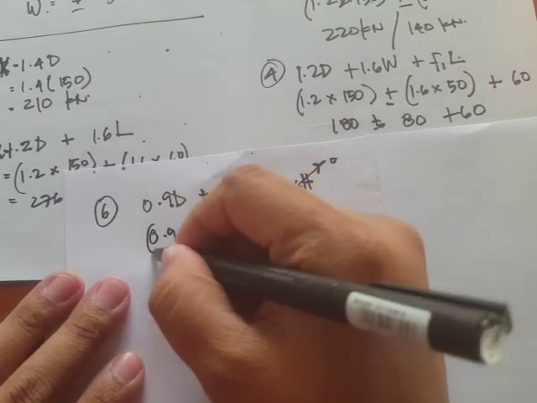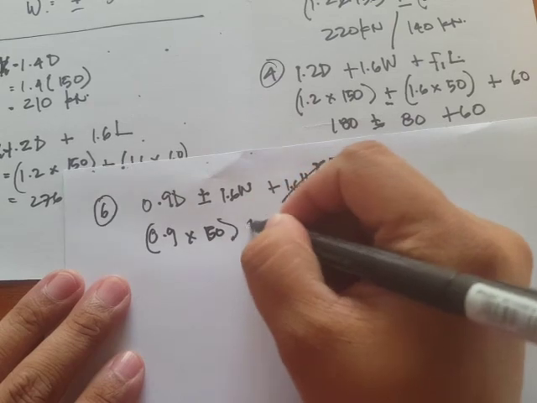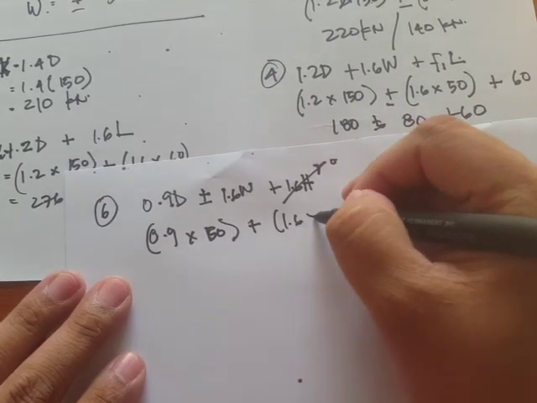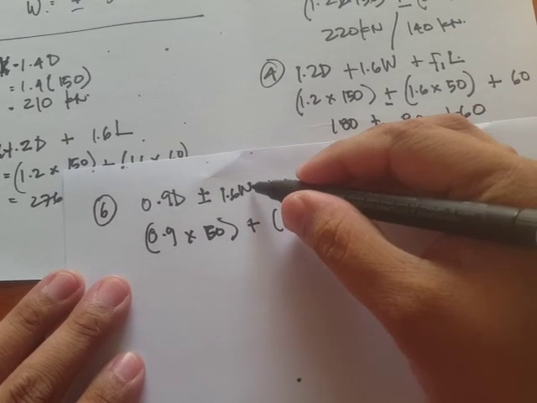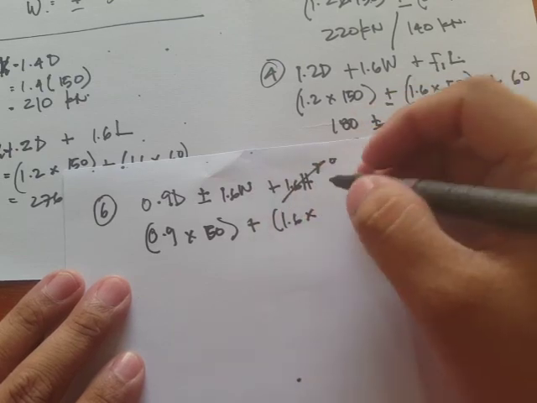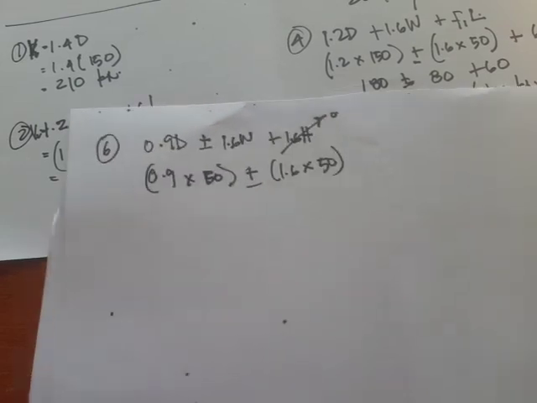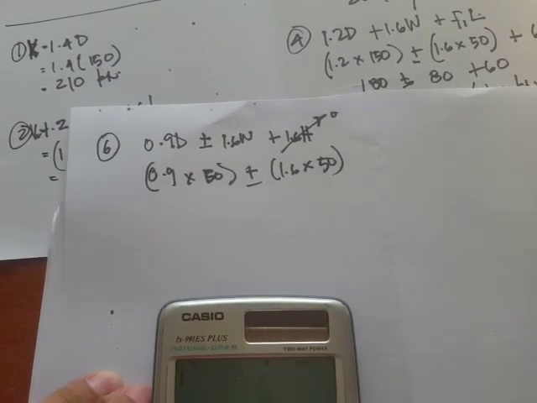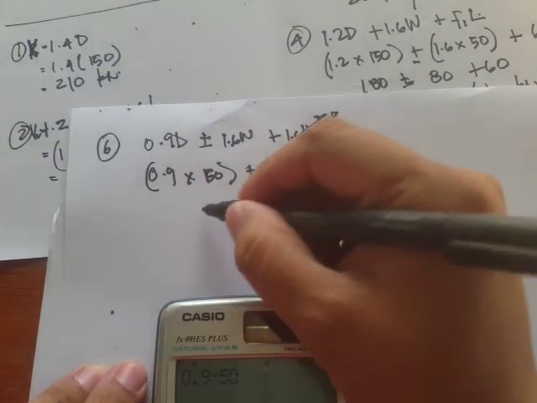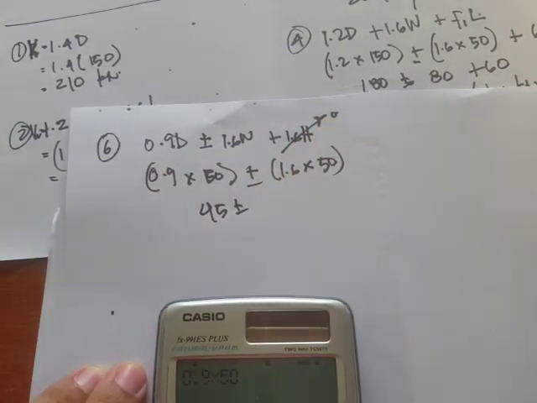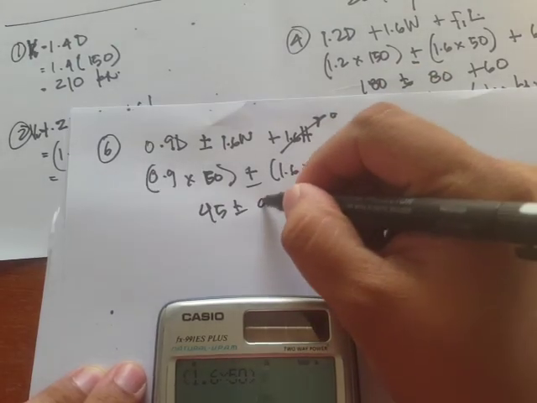Okay, 0.9 times 150, plus or minus 1.6 times the wind, 50.